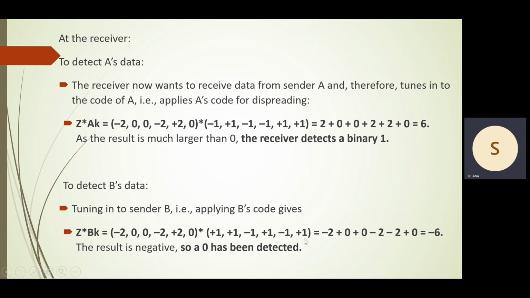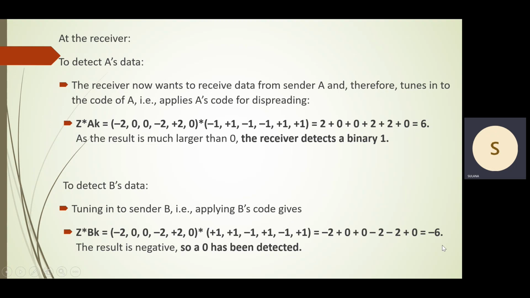We multiply by B's key. -2 into +1 is -2. 0 multiplied by anything is 0. 0 multiplied by anything is 0. -2 into +1 is -2. +2 into -1 is -2. 0 multiplied by +1 is 0. We add these values, it gives us -6. Since this value is negative, the receiver detects that B had transmitted a 0.